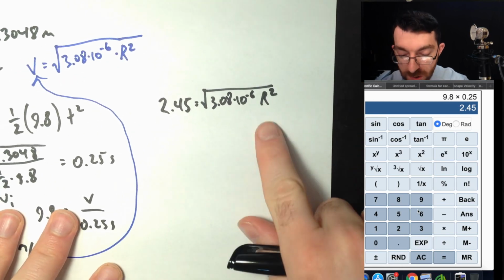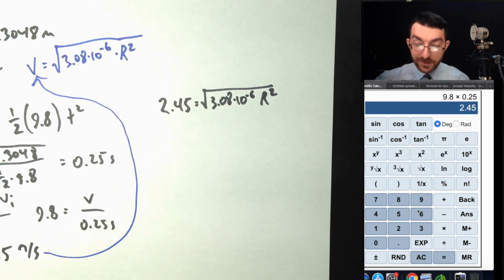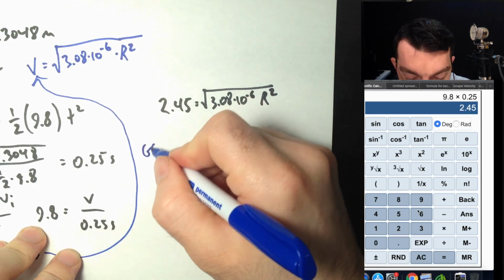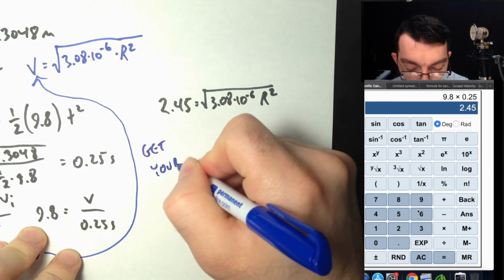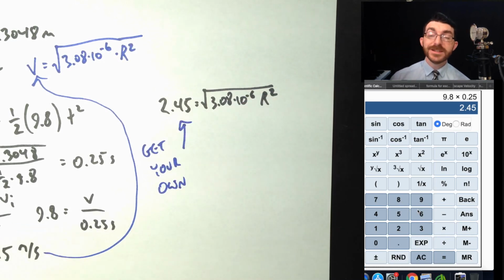I'm asking you to solve this for r, but I'm also asking, if you're willing and able, to get your own number here instead of using mine, 2.45, because it's cooler when you use yours.